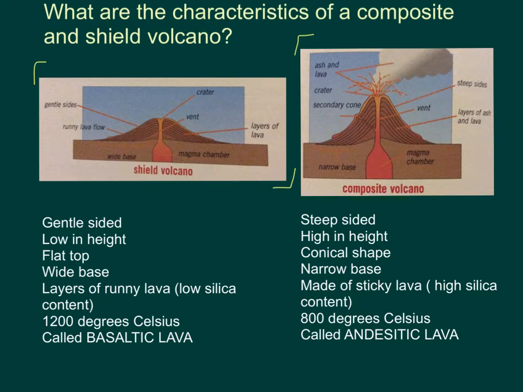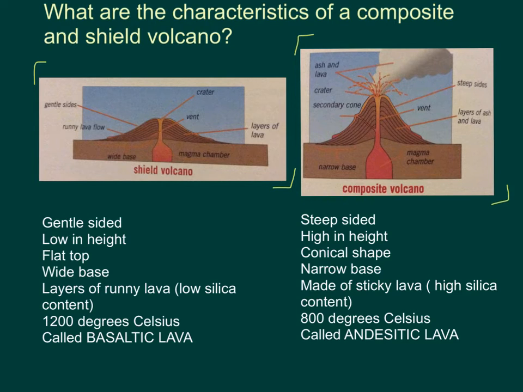The other type of volcano you need to be aware of is composite volcano, which is on the right hand side here. And you can already see by just looking at the sketches that the shape of this volcano is very different from the shield volcano. Its sides are steep, it's high in height, it has a typical cone shape that we normally associate with volcanoes, it has a narrow base, and this again links to its characteristics of its lava.